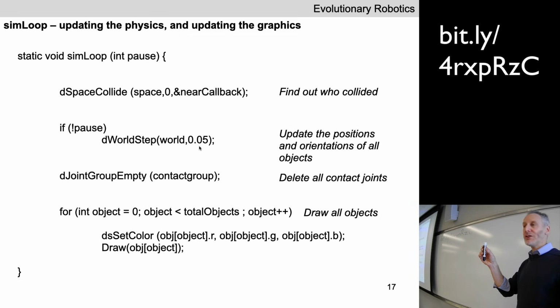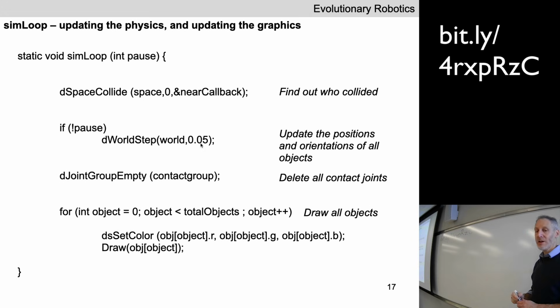If this value is large, like 1 second, from one time step to the next, the positions and orientations of objects will change by a lot. If you set the time step to be very close to 0, then the physics engine will only update the positions and orientations by a very small amount.